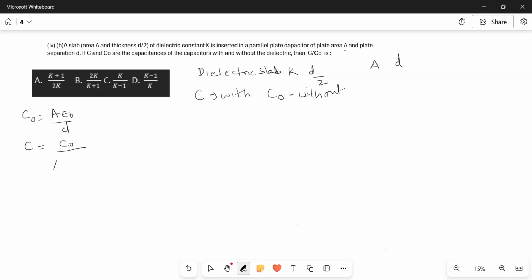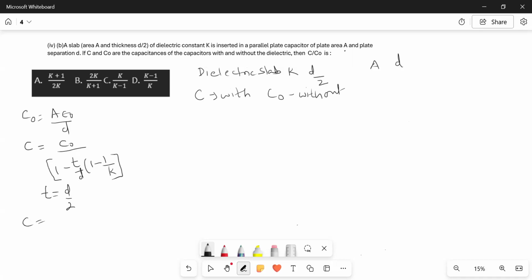C is equal to C naught divided by 1 minus T by D into 1 minus 1 by K, where T is the thickness of the dielectric slab, which is D by 2.